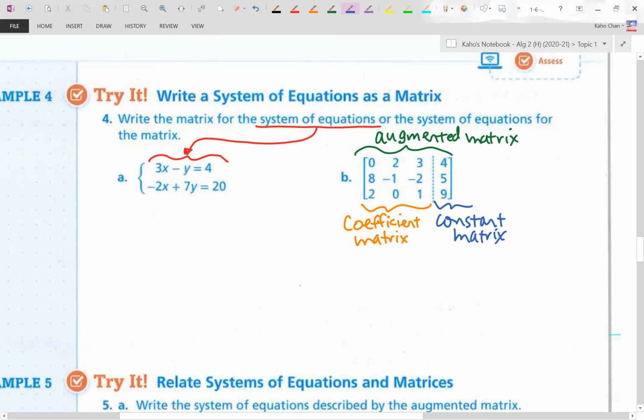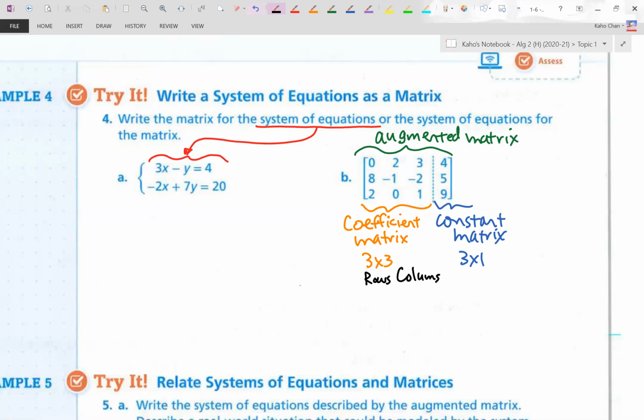The dimensions of the coefficient matrix are 3 by 3. And the other one is a 3 by 1. Those are rows and columns, and that's called the dimension.